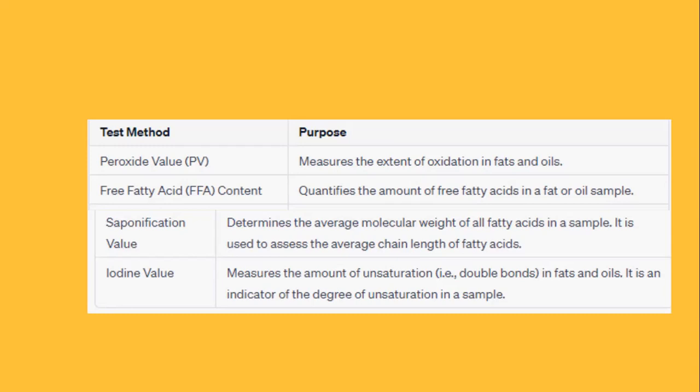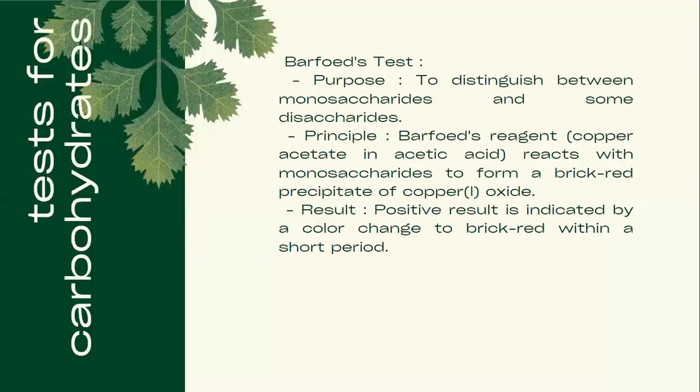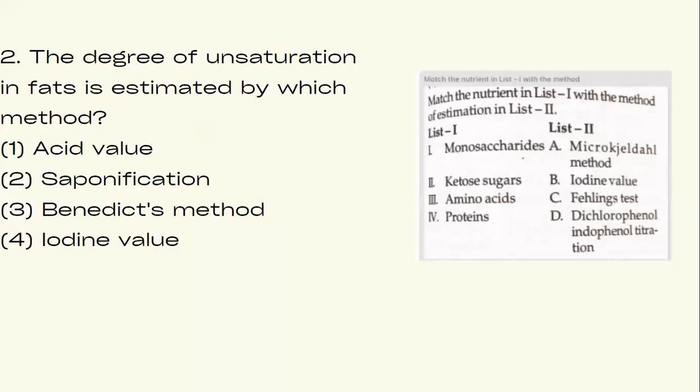In the beginning I showed you a particular slide, the first slide with the different questions, right? One of the questions is: the degree of unsaturation in fat is estimated by which method? Now, I'm sure you can identify it as iodine value, because iodine value gives you how many double bonds there are in the oils.